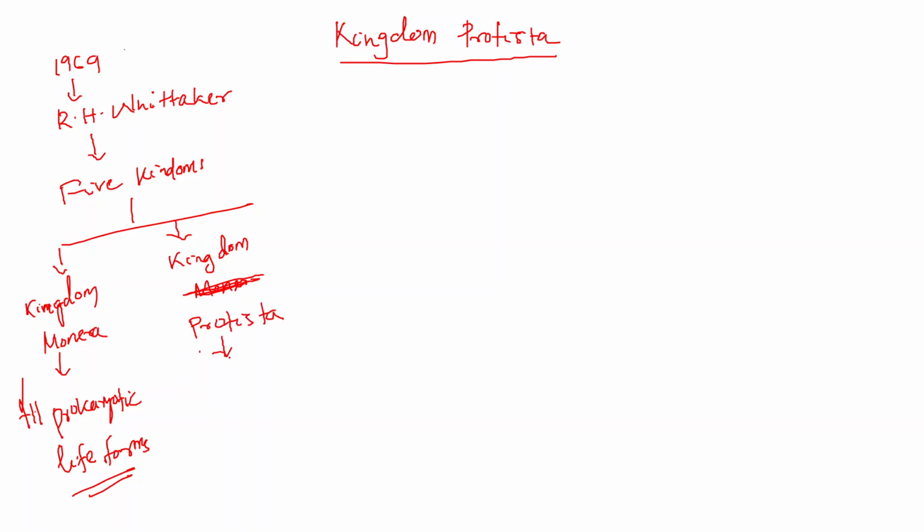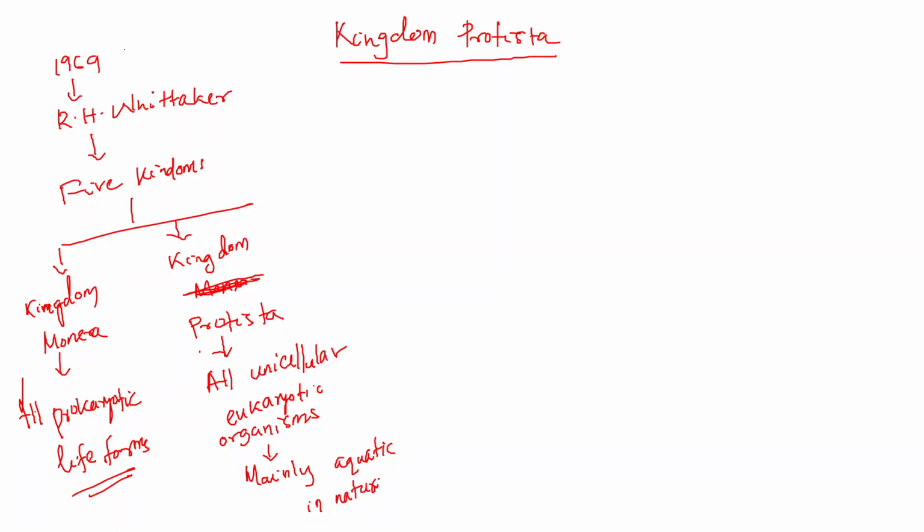In kingdom Protista, we placed all unicellular eukaryotic organisms, and these are mainly aquatic in nature.